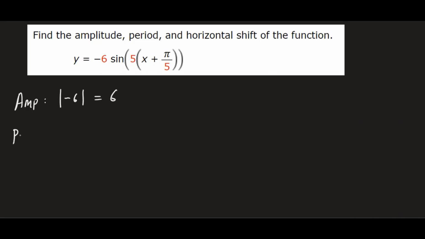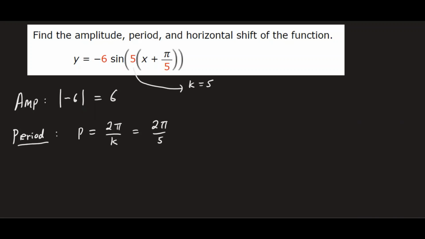Now what about the period? Well, the period is going to be 2 pi over k. In this case, this 5 represents the k value. So k is equal to 5, and we have 2 pi over 5. That's the period. And then there is a horizontal shift.